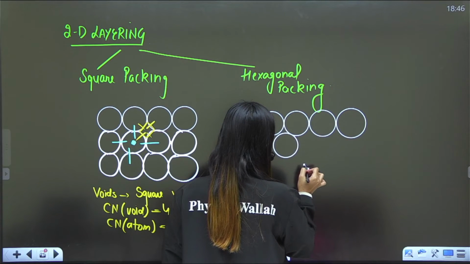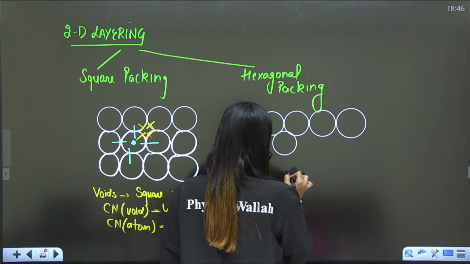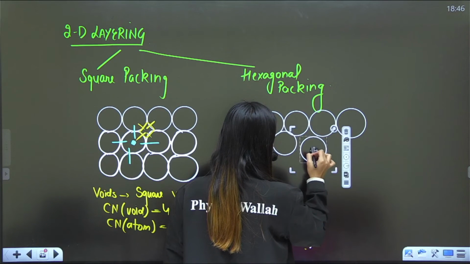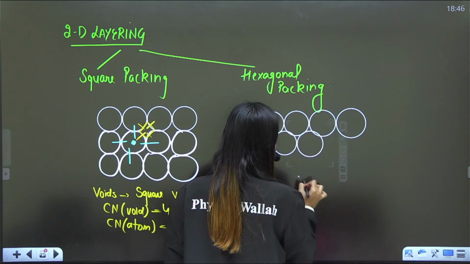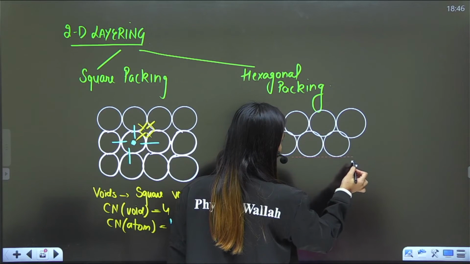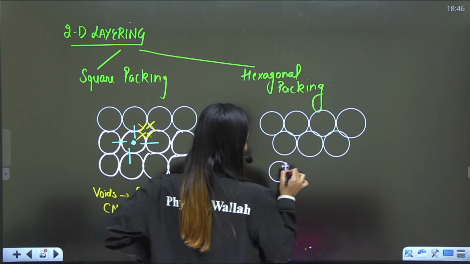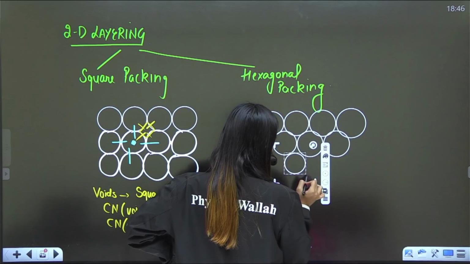Need to draw it in a bigger size. I am trying to draw the best I can. Okay, so atoms would be present something like this, something like this. Yeah, then you have atoms like this.